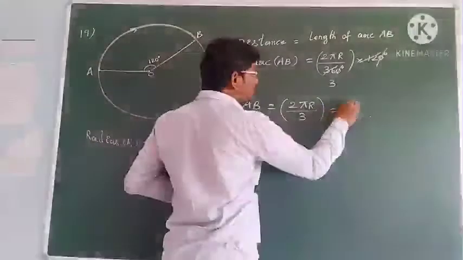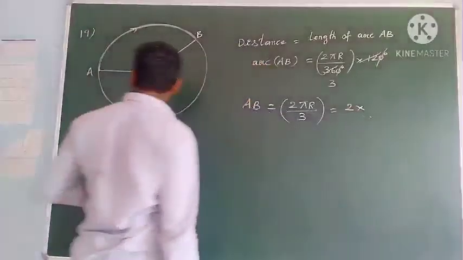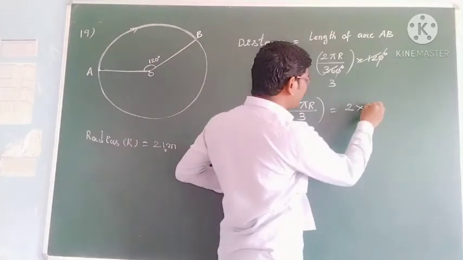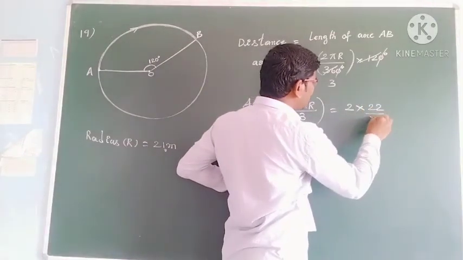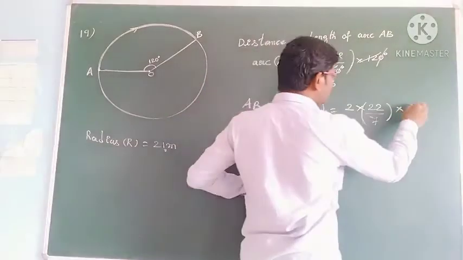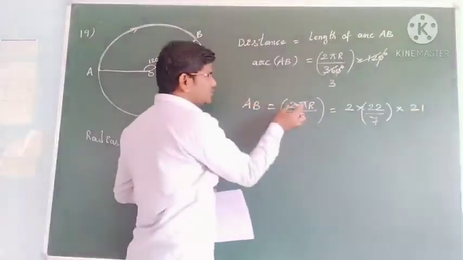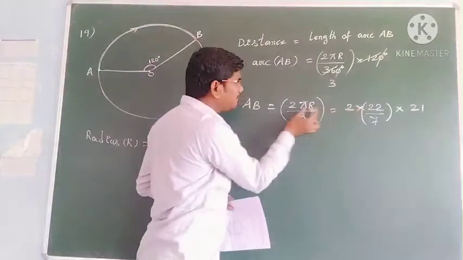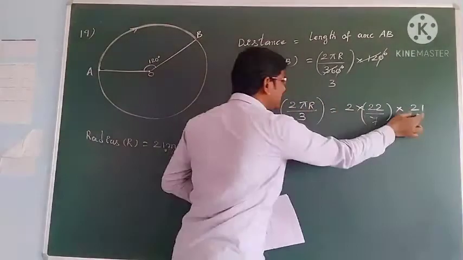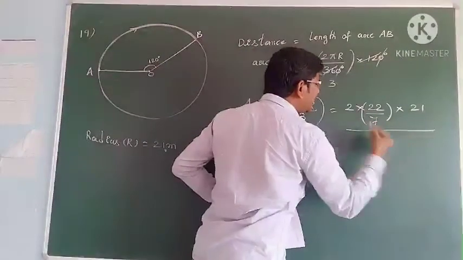So that is 2 into pi value. Pi value we know is 22 by 7, into radius, which is 21, and divided by 3.